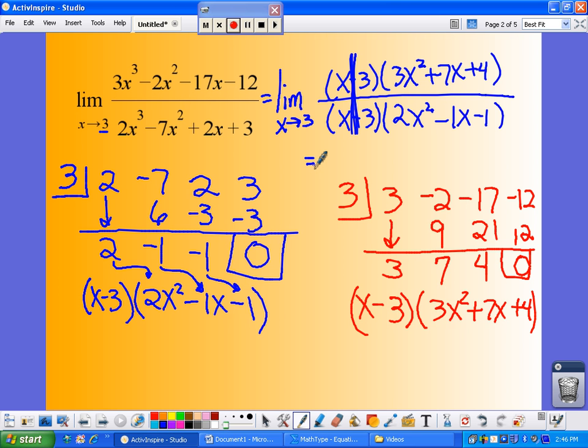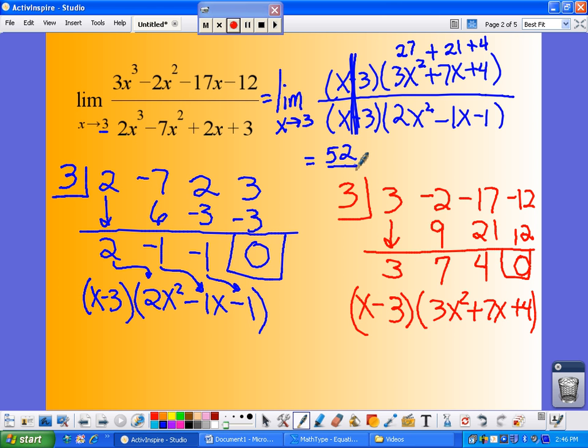So plugging in 3 to the top, and I might make some little notations up here, gives me 3 squared times 3, which is 27, plus 3 times 7, 21, plus 4. So 20 plus 20 is 40, and 7 plus 1 is 8. So 48 plus 4 gives me 52. So I'm going to write that right there, 52.